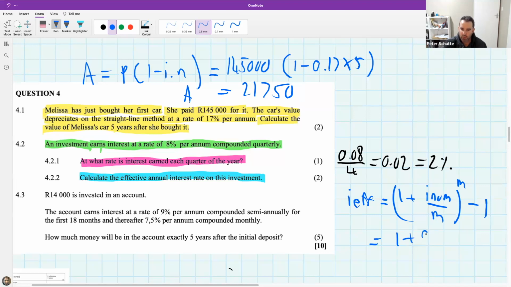1 plus 0.08 over 4, to the power of 4, minus 1.